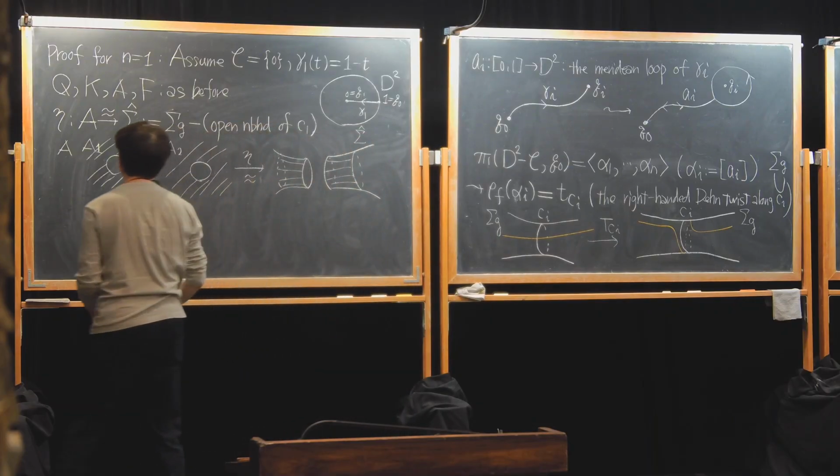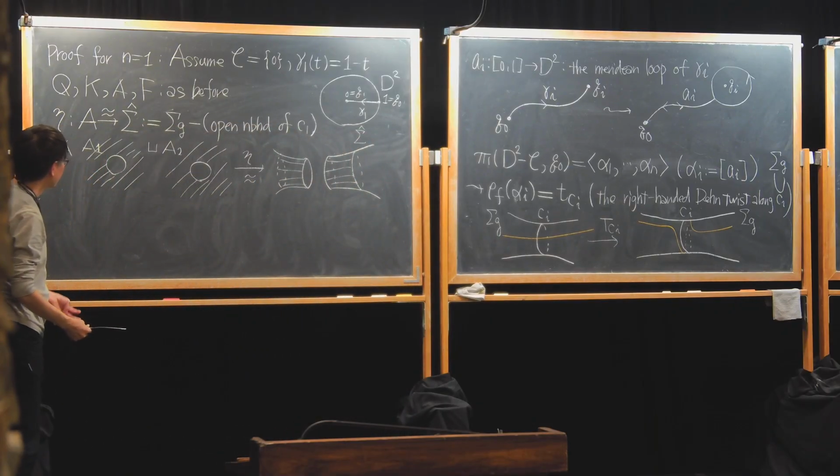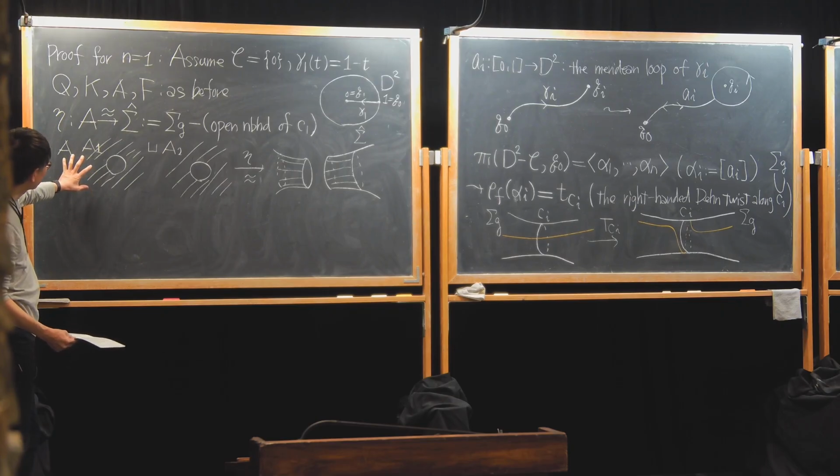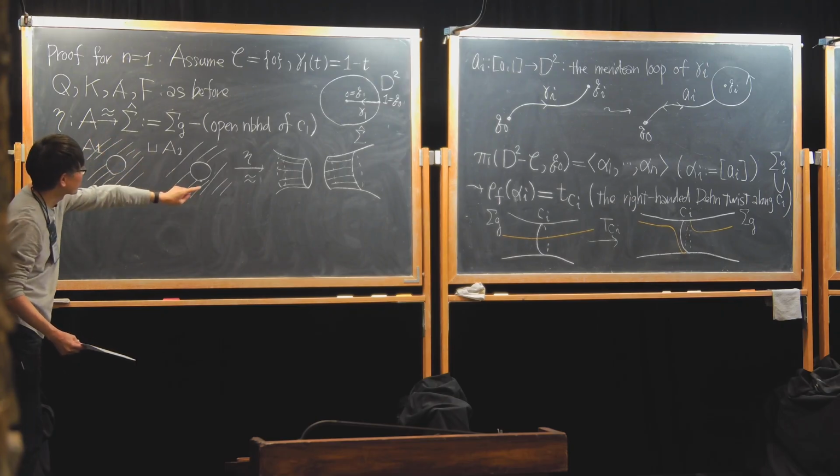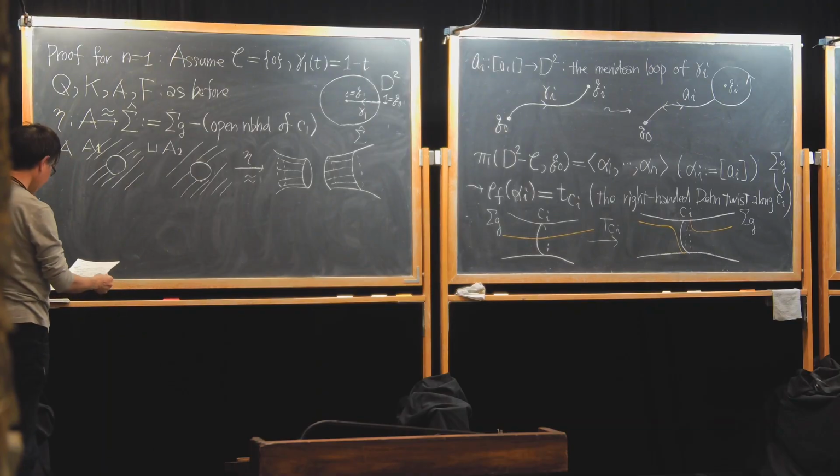So I'd like to fix an identification of A and a collar neighborhood of the boundary of sigma hat.